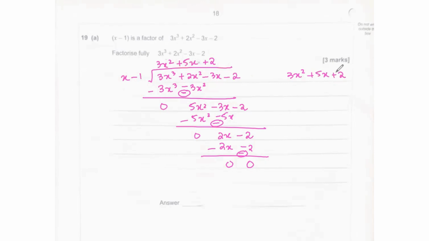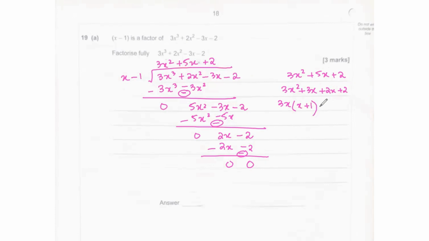It says fully factorize, so let's see if we can factorize this quadratic. I'm going to use splitting the middle term. 2 times 3 is 6. Factors of 6 are 6 and 1, and 3 and 2. We can use 3 and 2. 3x squared plus 3x plus 2x plus 2. Between 3x squared and 3x, we have 3x common, so x plus 1.